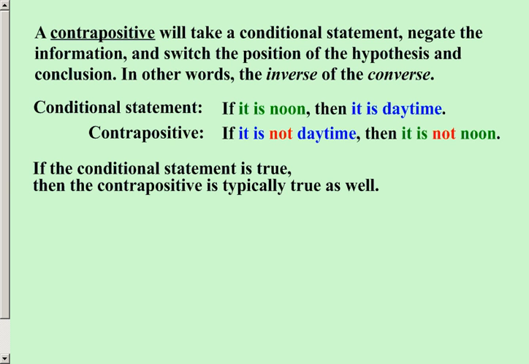Right now, 9:37 p.m., I look out my windows. It is nighttime, so it is not daytime, as I read this screen, and I look at the clock and go, you know what, it is definitely not noon. It's not possible to be nighttime and noon at the same time. So we have a contrapositive that is absolutely, positively true. There is no counterexample to fight against this one.